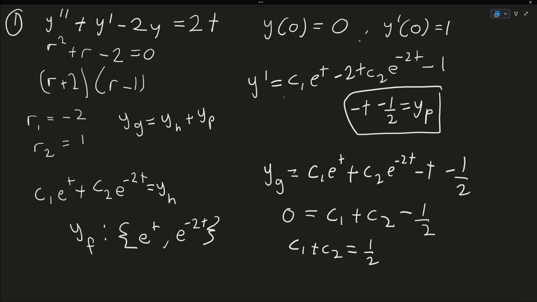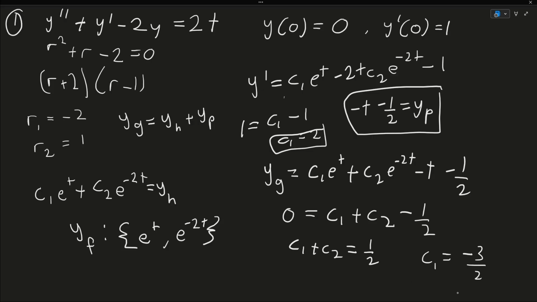And if we plug 0 for t and 1 for y prime, we will have 1 equals c1 minus 1. So c1 is actually equal to 2. So since c1 is equal to 2, from this equation we know that c2 must be negative 3 over 2.